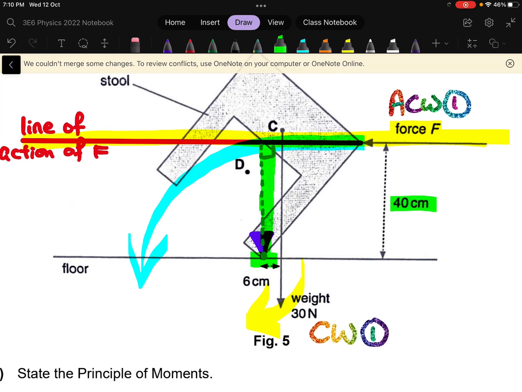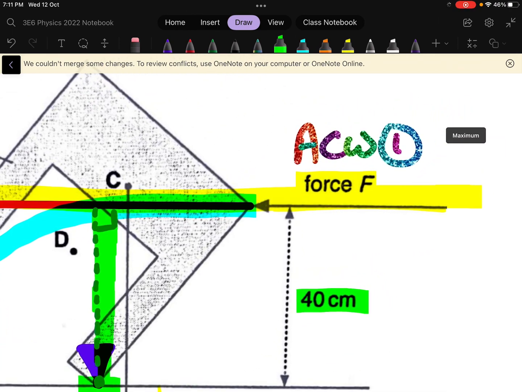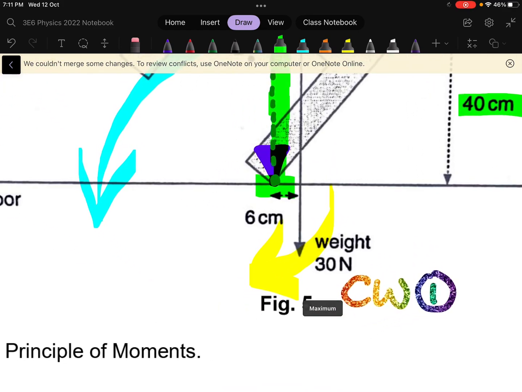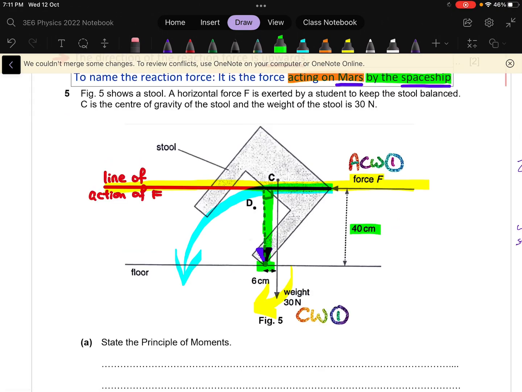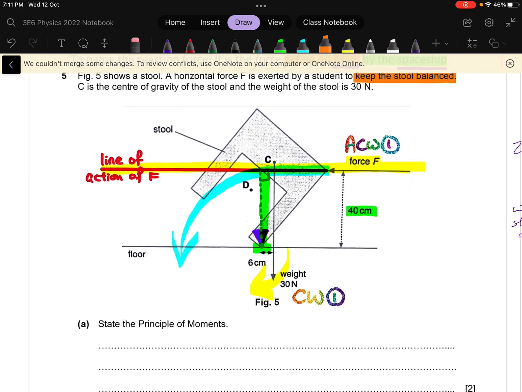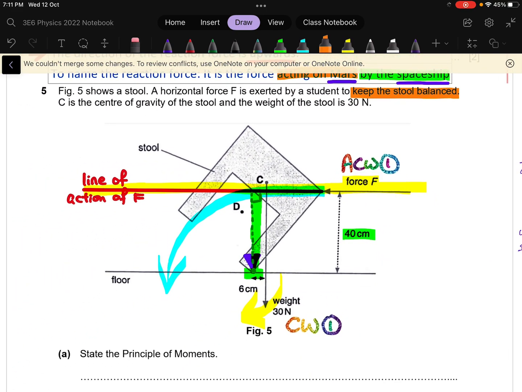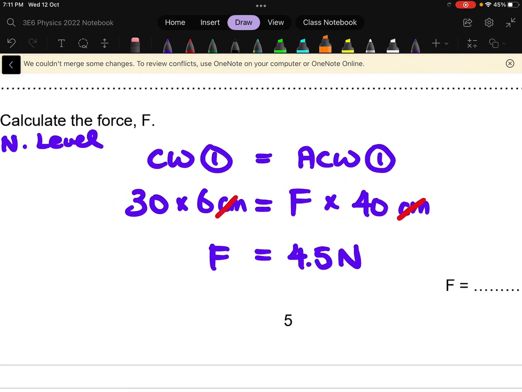Okay, you should be able to identify by now that force F would give an anti-clockwise turning effect, whereas the weight is giving you a clockwise turning effect. So in order for this particular stool to remain balanced, the clockwise turning effect and the anti-clockwise turning effect must balance each other. So therefore, you would have a working like this.